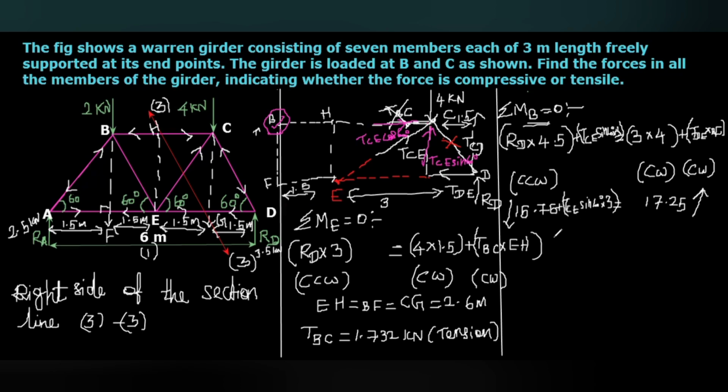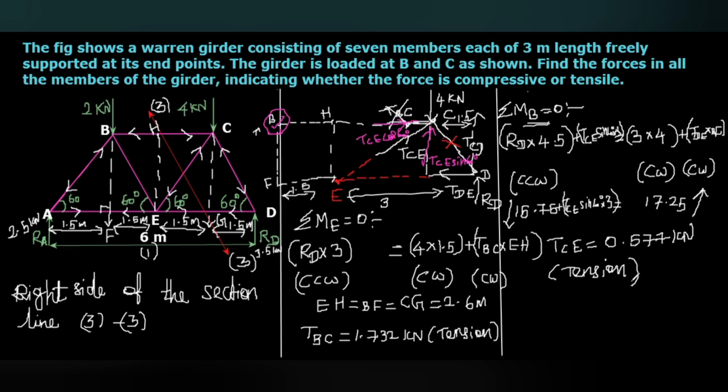So from this, we can get the value of TCE, that equals 0.577 kilonewton. And here from the diagram, you can see at the point C, if it acts inwards, then at point E also it will act inwards. So this will be tensile in nature.